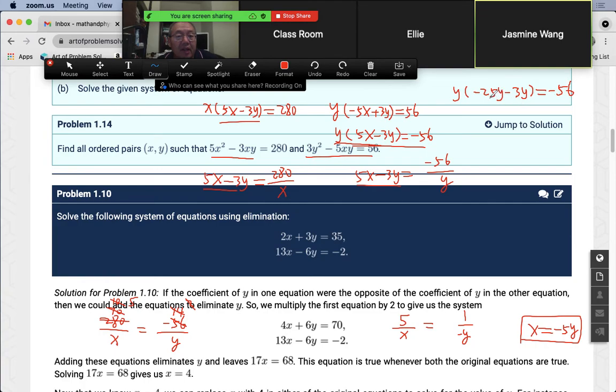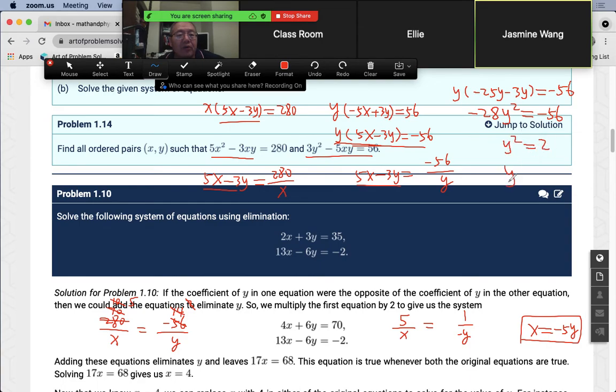So negative 25y minus 3y, you get negative 28y. Negative 28y squared equals negative 56. So divide both sides by negative 28, you get y squared equals 2.